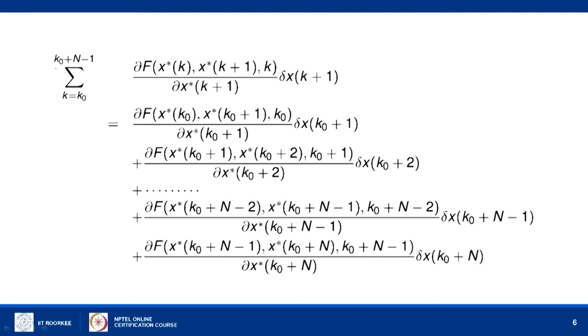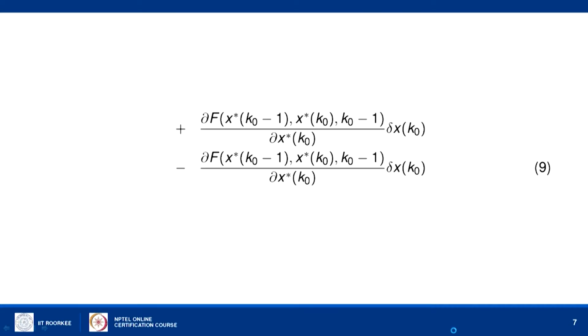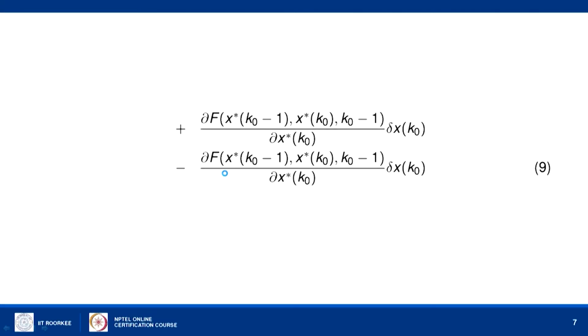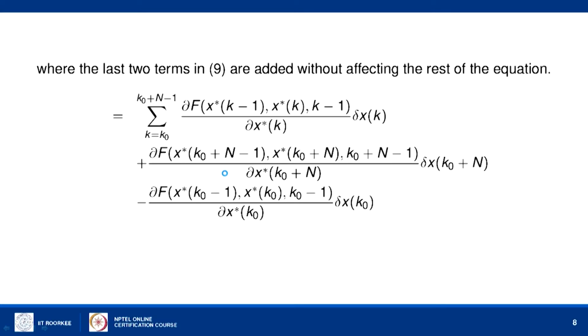The last term is for k 0 plus n, and then we add this term and subtract this term, that for convenience del f of x star k 0 minus 1, x star of k 0 minus 1 term we add and then subtract the same thing. Now we can combine this term, except starting from the first term to this term, we can write it in the particular form.